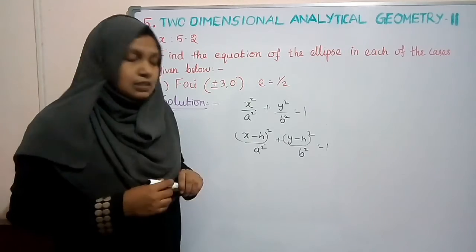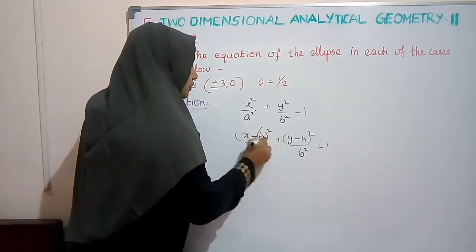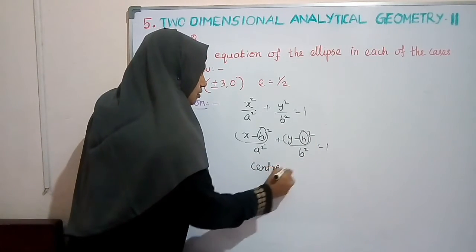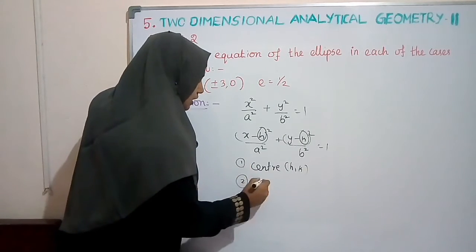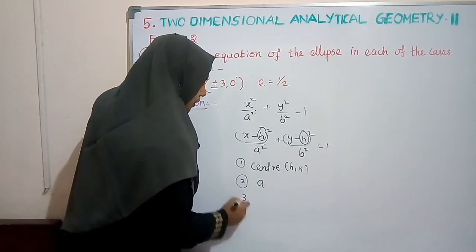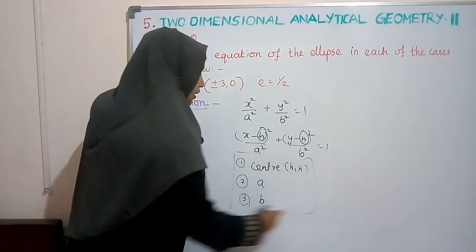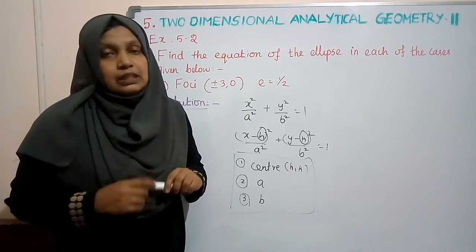Okay. So in this equation, what are the values you should find? We have to find the center h comma k first, and then a and b. You should find these three values and substitute them in this equation. You will get the equation of the ellipse.